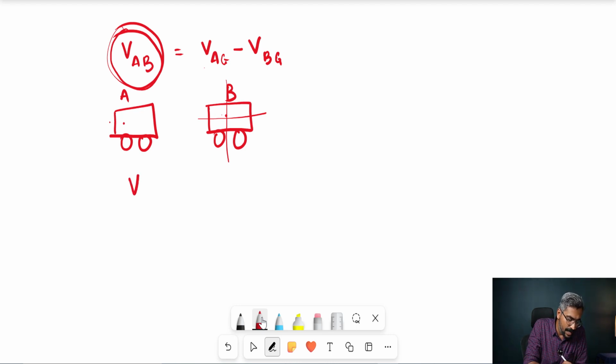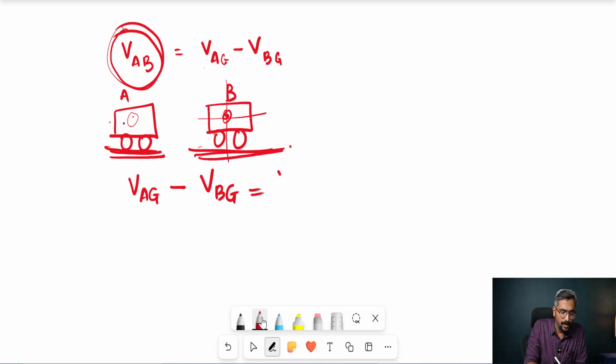That is VAG minus VBG. That is, you should find out the velocity of A with respect to the ground minus velocity of B with respect to the ground. Then you will get VAB, that is, velocity of A with respect to B.